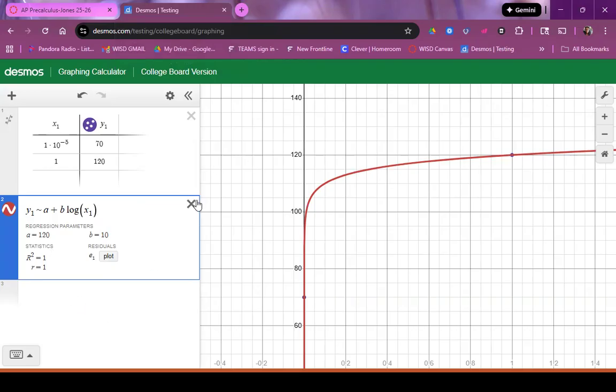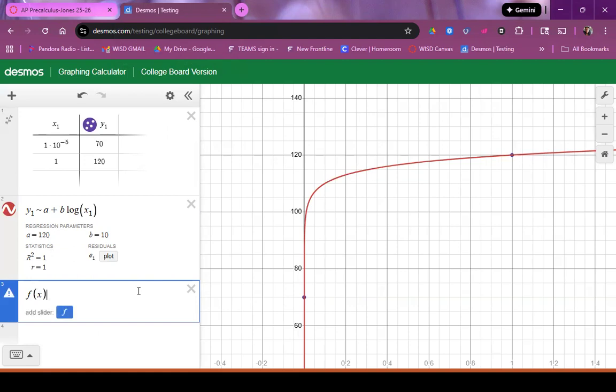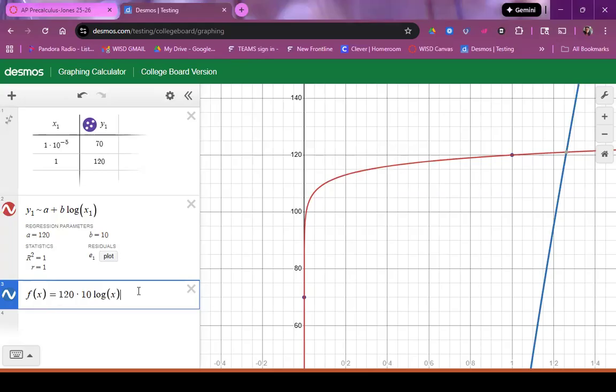So if it asks you, the third part's always going to ask you to use that model and figure it out. So it says, well, what if your intensity level is 1 times 10 to the 4? So when I write my equation, if I write it as f of x equals, and we know that we have 120 times 10 log of x.